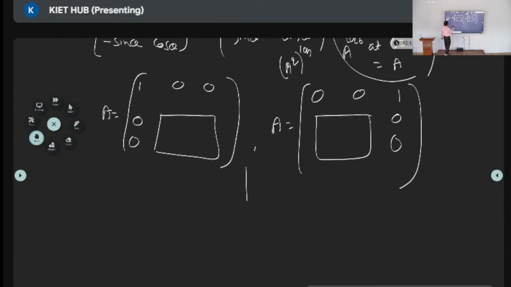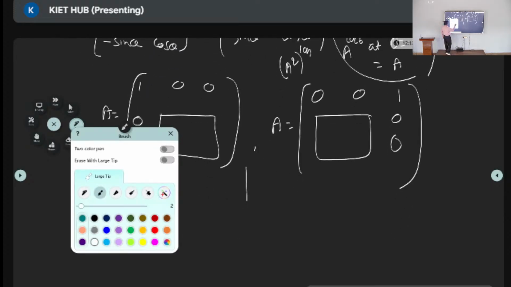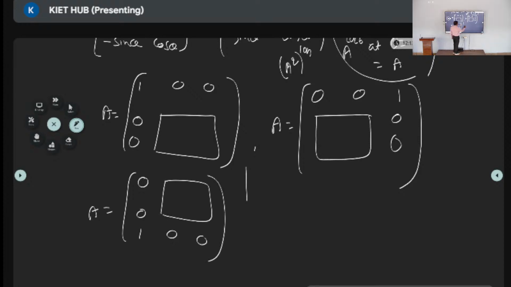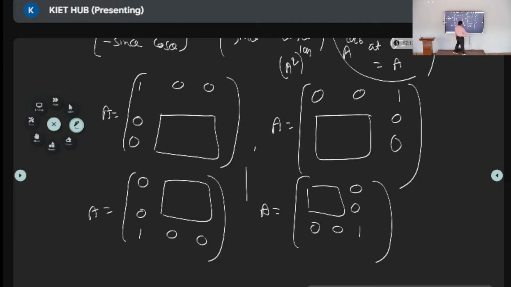And what are the other examples you can write here? A equals 0, 0, 1, 0, 0. This is also orthogonal.